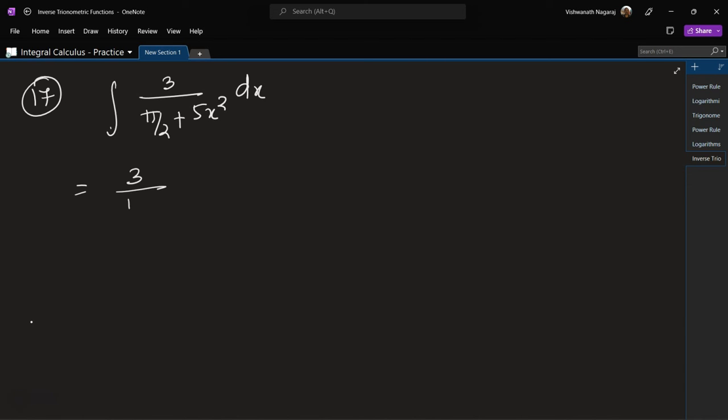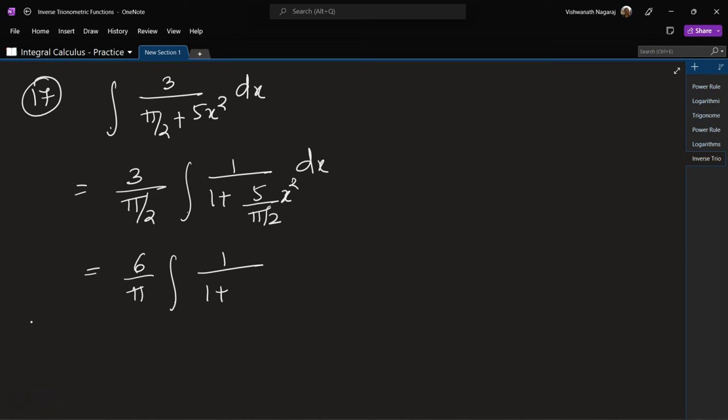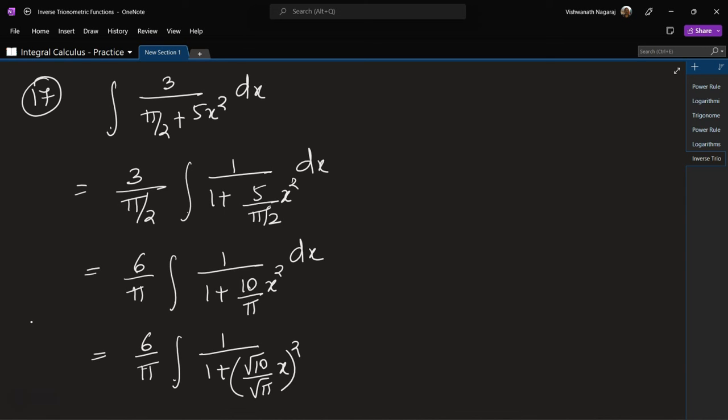3 comes out, pi by 2 comes out, and we have 1 by 1 plus 5 by pi by 2 x squared dx. So this becomes 6 by pi integral of 1 by 1 plus 10 by pi x square dx. 6 by pi integral of 1 by 1 plus square root of 10 by square root of pi x square dx.